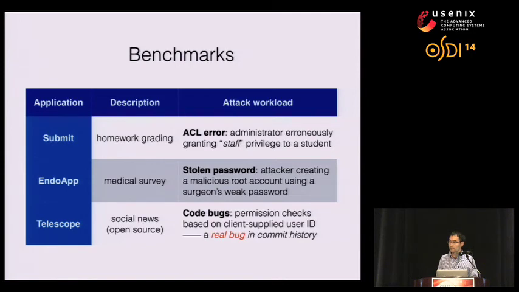RAIL has a recovery script that the administrator can supply, and in the script you can look for suspicious requests from a particular IP address, and then mark all those requests as invalid.